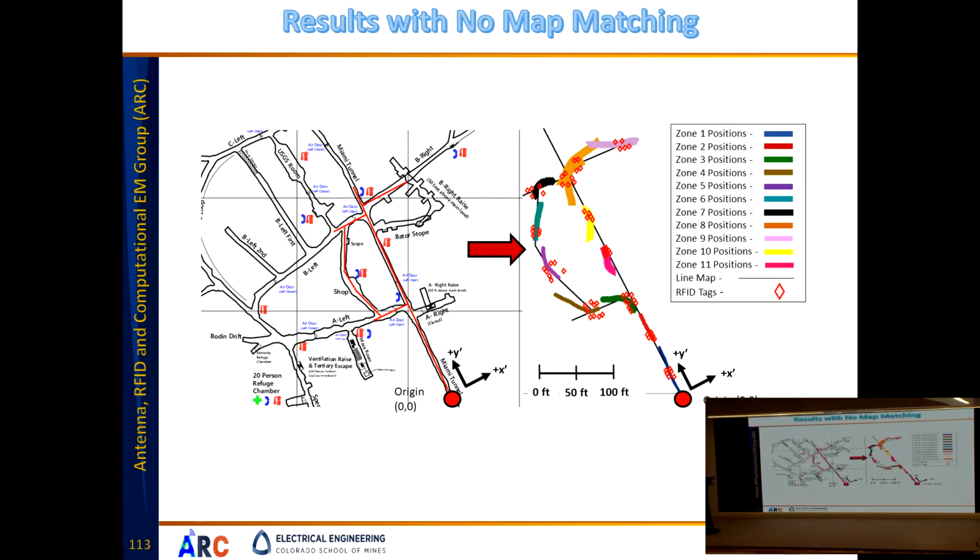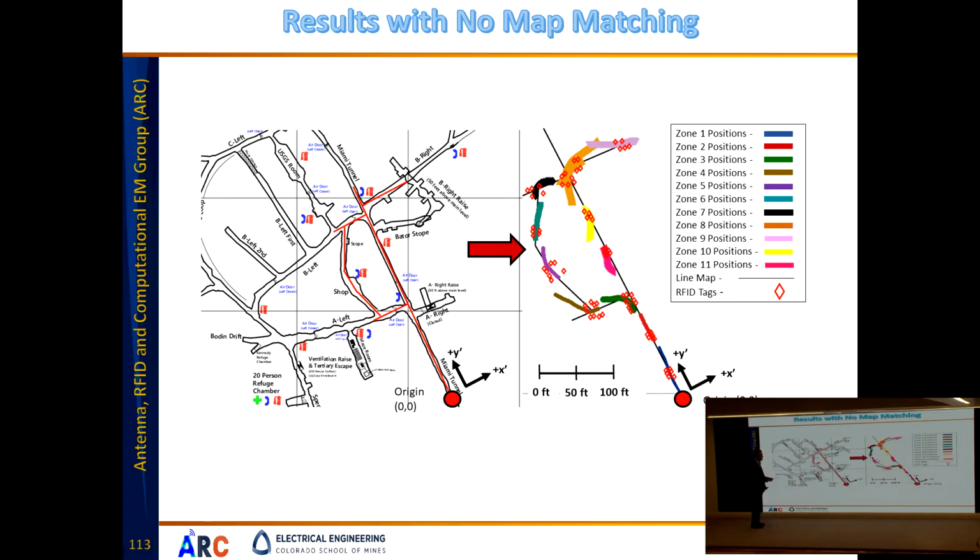This is an illustration of the mine, and the student started to walk here, coming here, going through this way, going up, going this way, coming back, and going back to the same position.